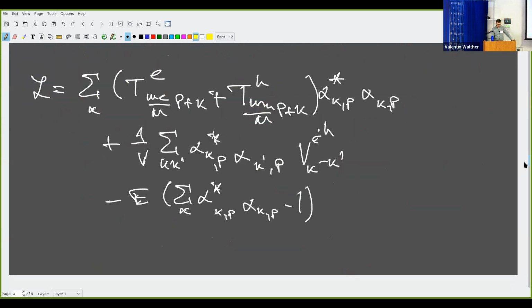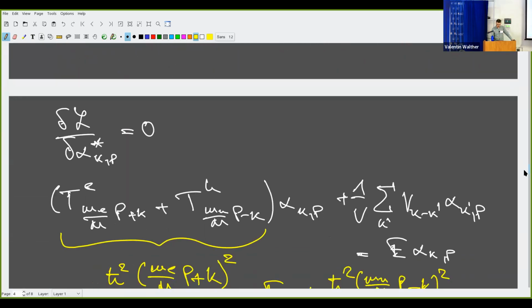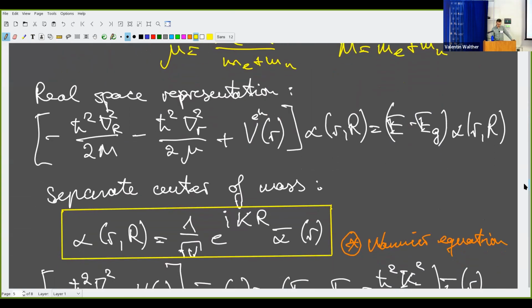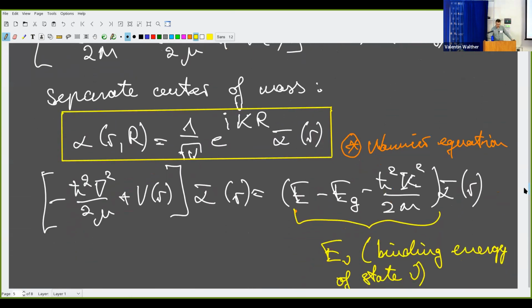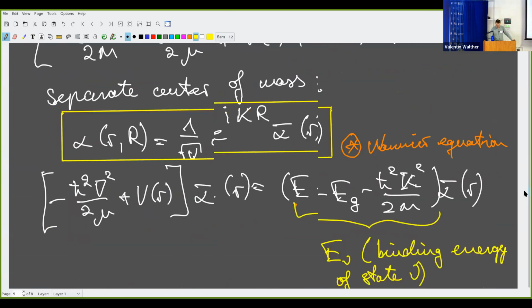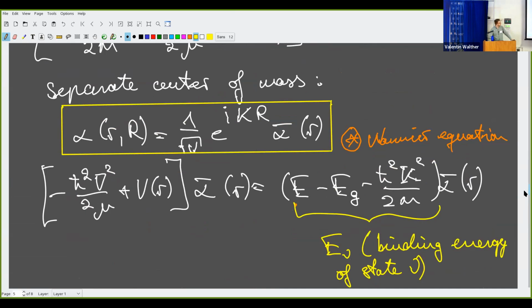Then I showed you that this wave function can be described in a real space representation, and we get a Schrödinger-like equation with the center of mass, the relative coordinate, and a potential that binds the electron and the hole together. Separating off the center of mass, this leads to the so-called Wannier equation, which is this one here, that we'll look at in more detail today.